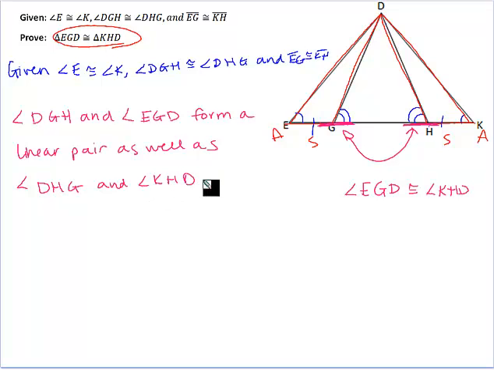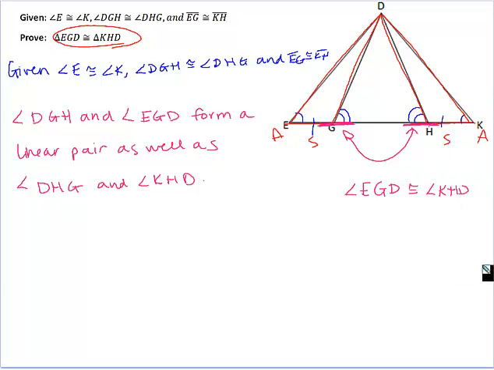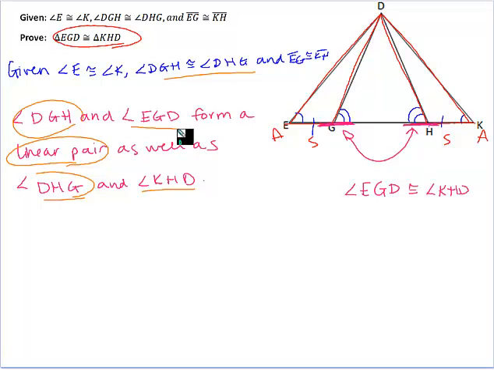Okay, so now we have two sets of linear pairs. Now, the other thing we need to notice is that DGH and DHG are congruent to one another. Since those are congruent to one another and these both form a linear pair, that means that these two other angles have to be congruent.